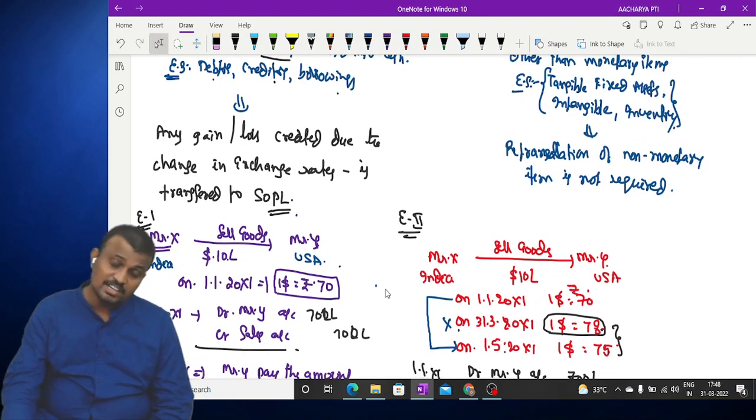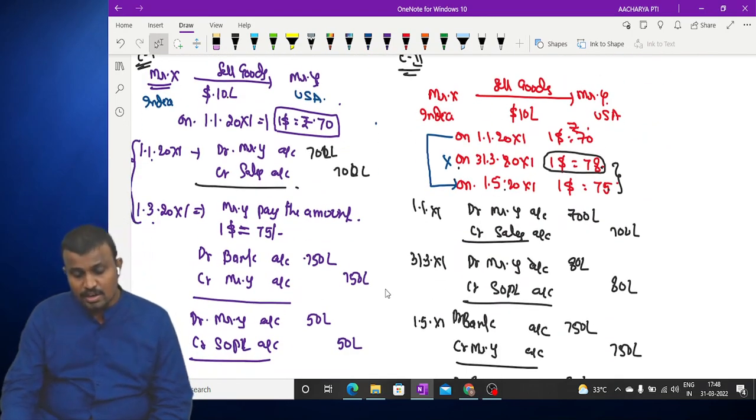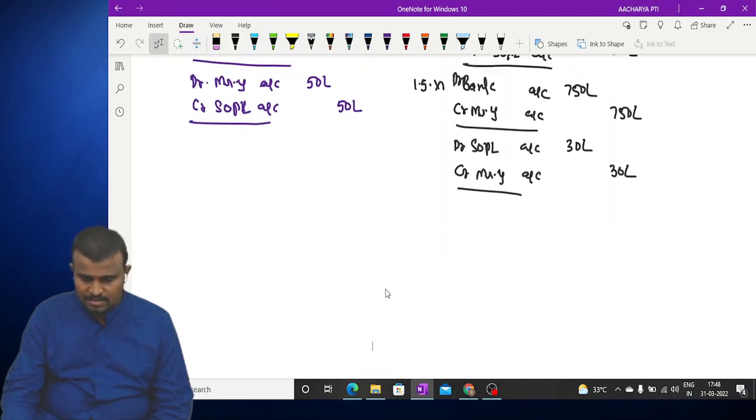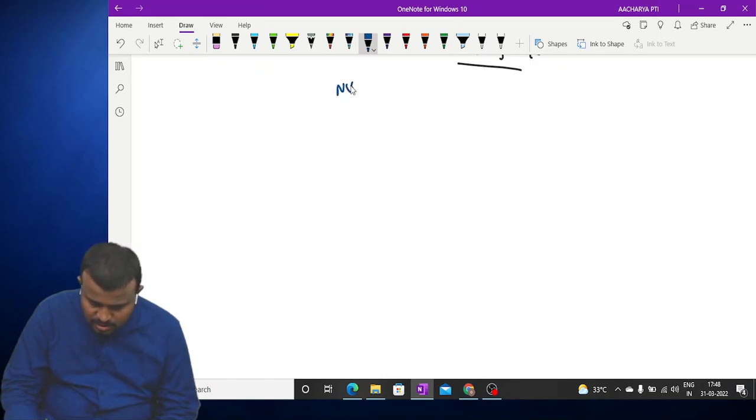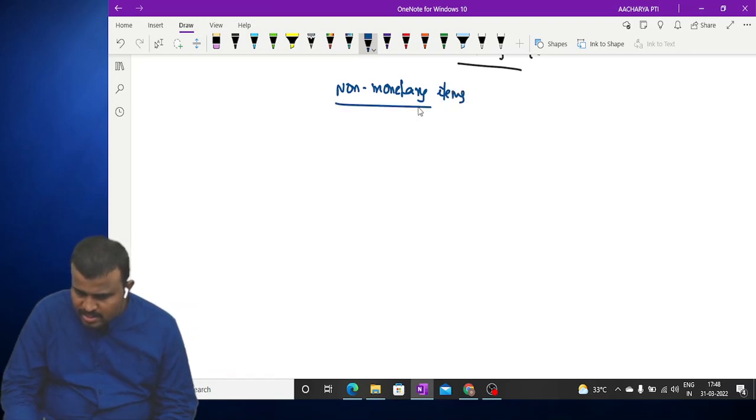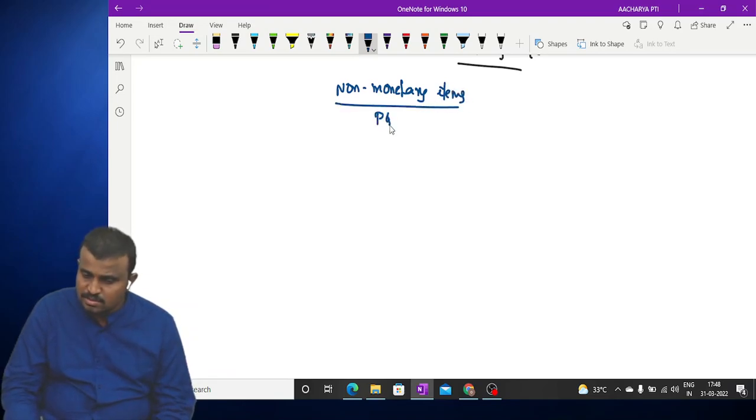But there is one interesting topic relating to non-monetary items, which I will explain here. The best example is plant and machinery, that is nothing but property, plant and equipment.